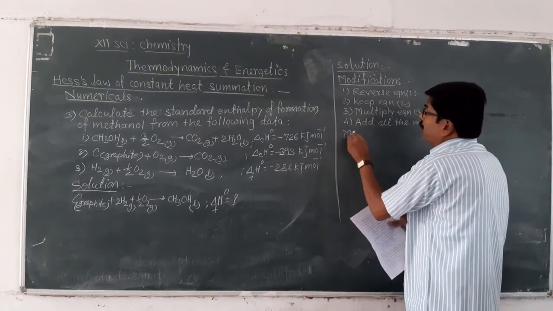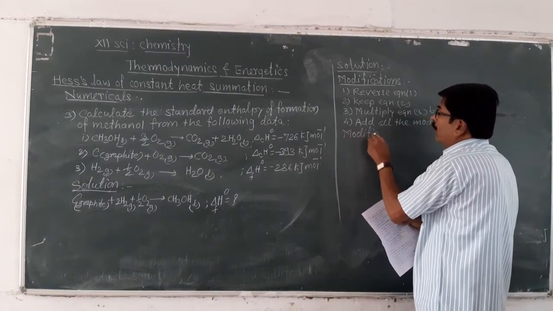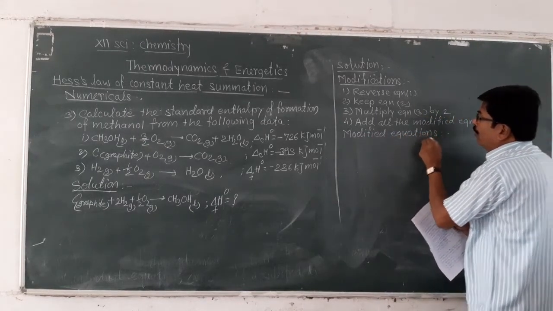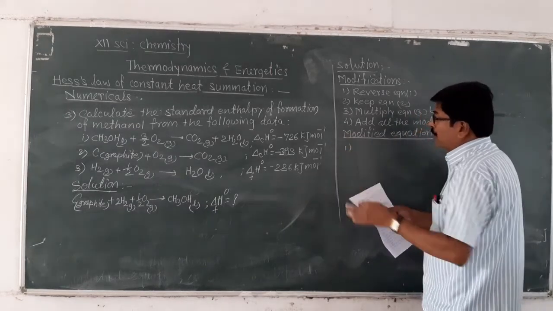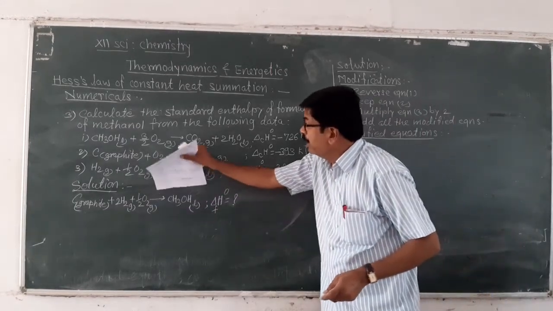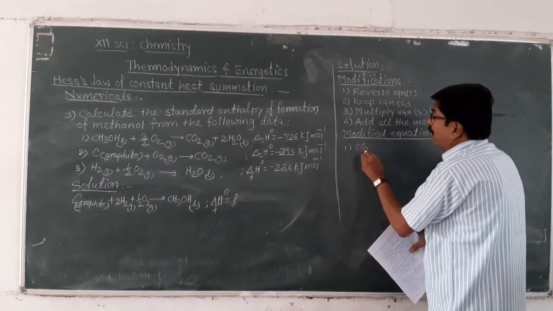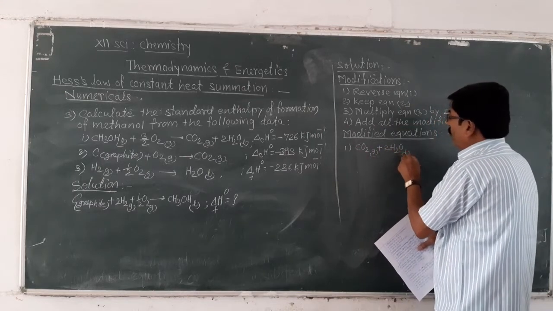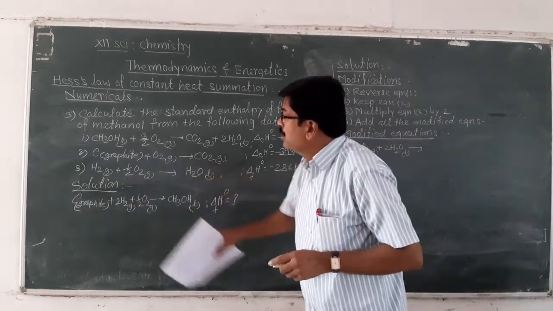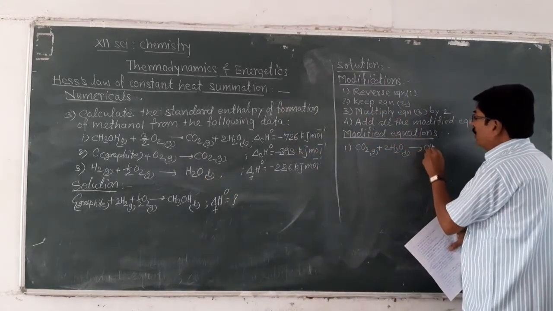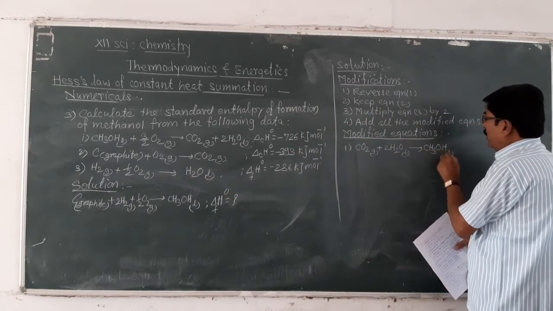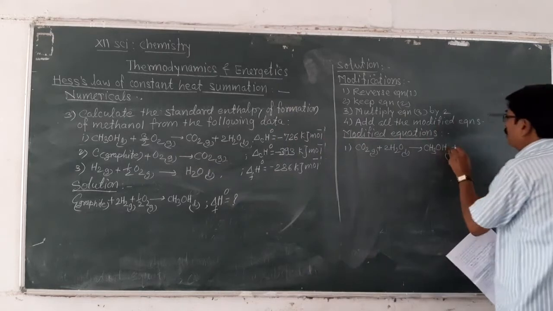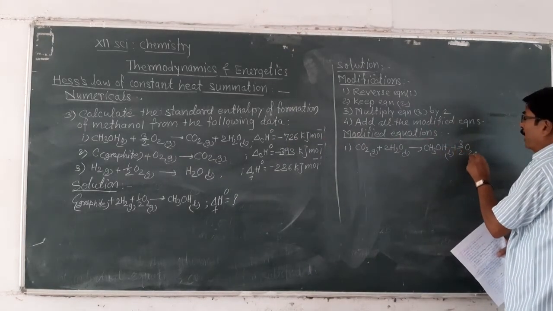Now the modified equations. First, reverse equation 1, that means products are written as reactants, to give CH3OH liquid plus 3 by 2 O2 gas.